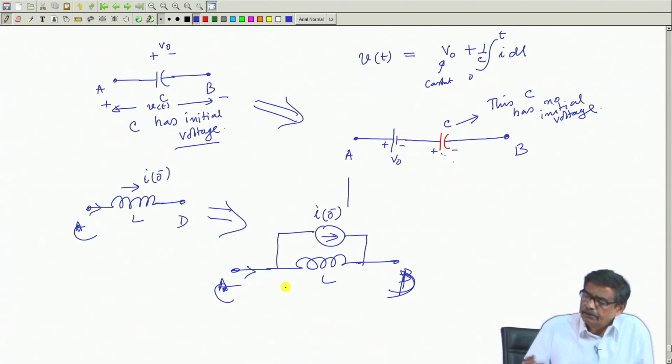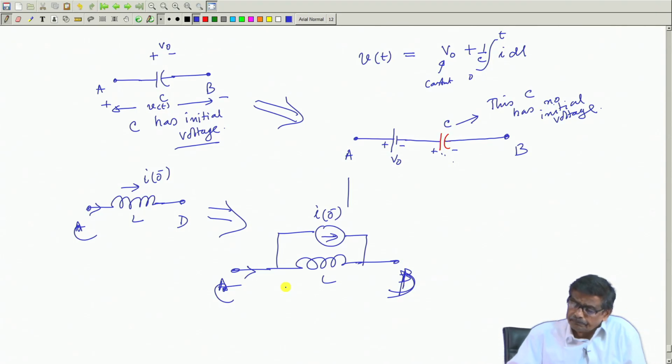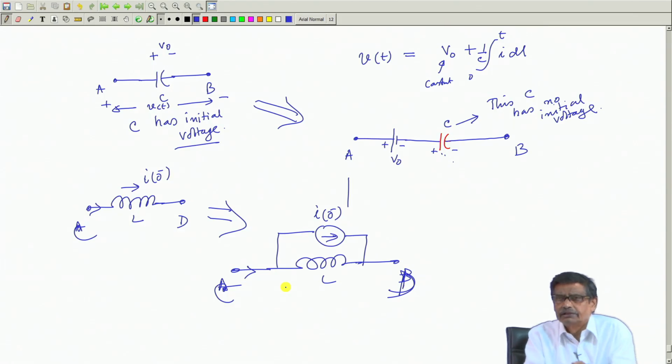Anyway, we will tell more about these things when we try to solve circuits with initial conditions. One way of solving this: forget about this, you do not know how to change this to this or that to that. Write down the differential equation, apply boundary condition, get the solution.